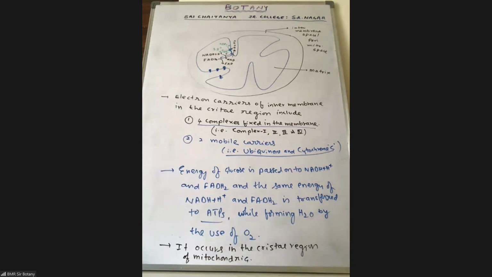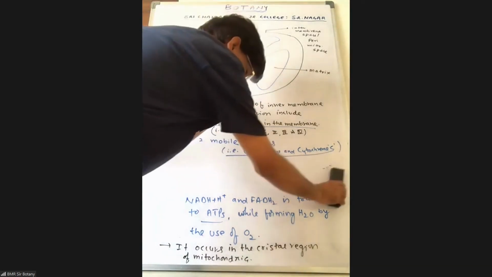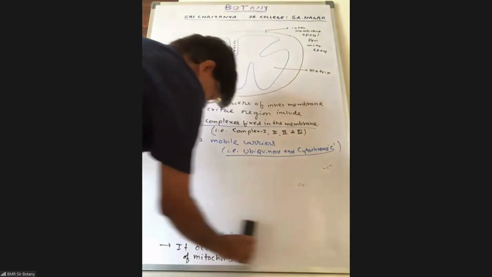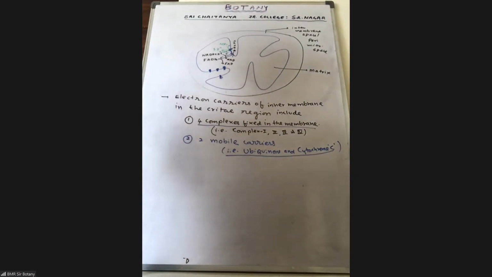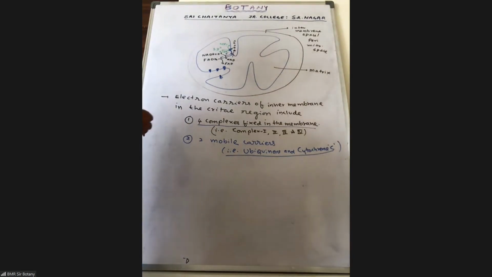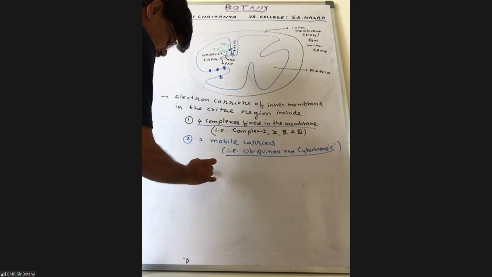So 2 mobile carriers there, 4 complexes there. And complex 5 is exclusive proton channeling component, which is only for proton channeling.